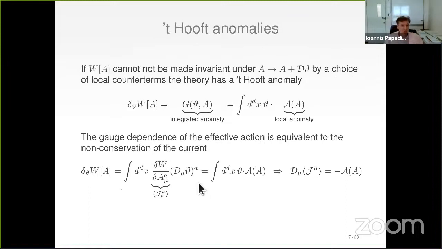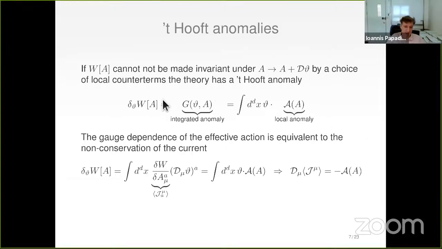Now, what are anomalies in this context? These are simply the statement that this effective action is not gauge invariant under a gauge transformation of the background field. So in the infinitesimal version, this takes this form here. An infinitesimal gauge transformation is non-zero. This is known as the integrated consistent anomaly, and there is a local version of that.